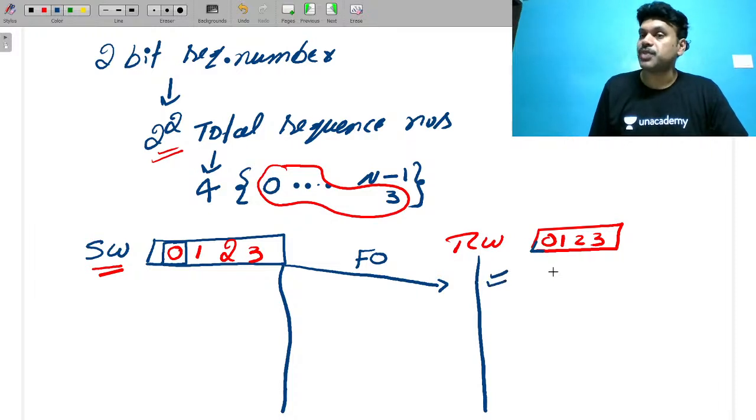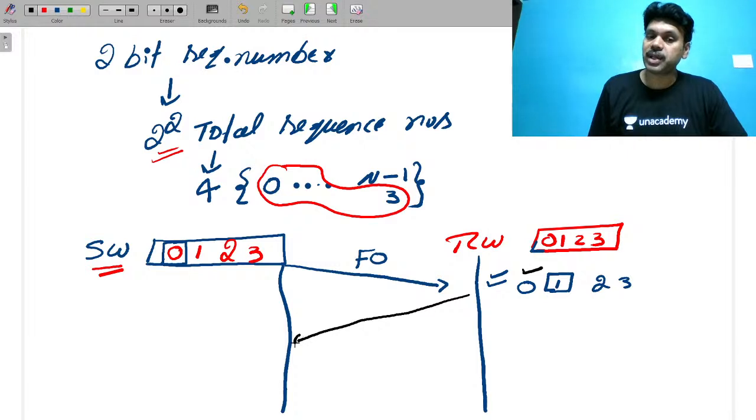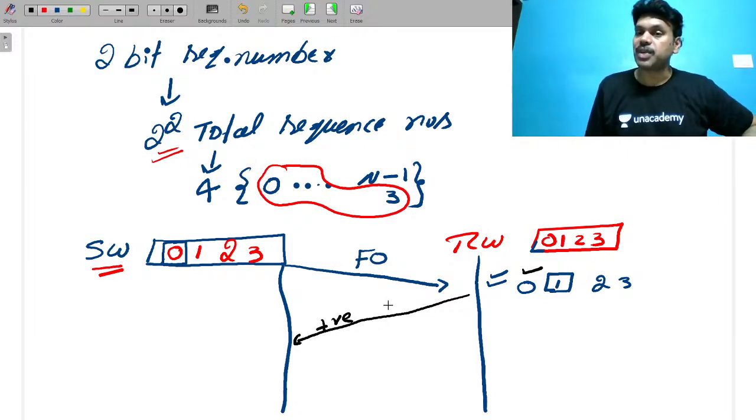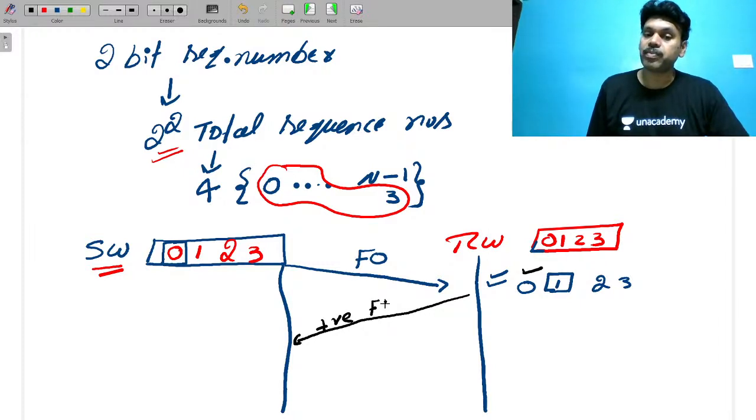The receiver takes this frame 0 and expects the next frame, that is 1, and 2 and 3 have to come. So 0 is already acknowledged. When it is acknowledged, he gives a positive acknowledgement, same as in stop and wait, saying that he wants frame 1.